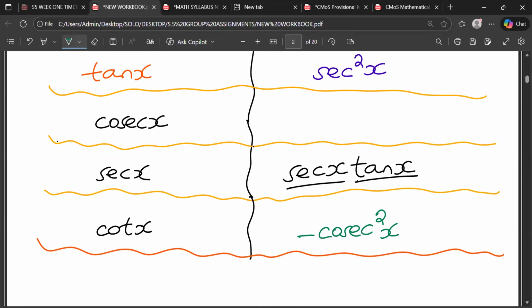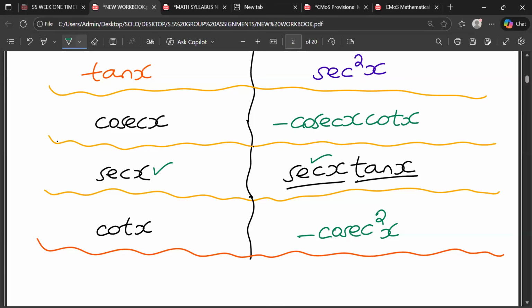Then this cosec, there is also a way it will resemble sec. It will come back just like the sec came back, and it will come with the cot along.